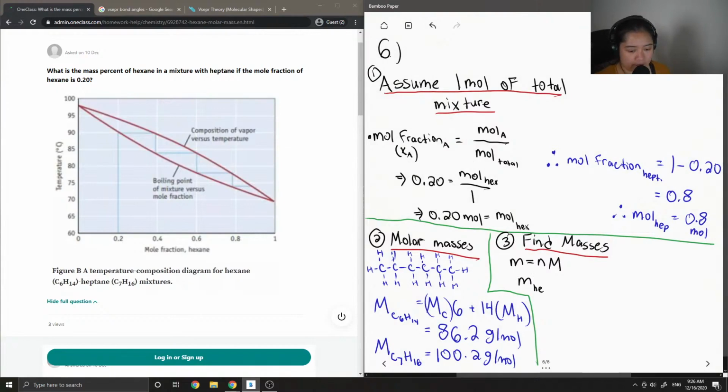So the mass of hexane would be 0.2 moles times 86.2 grams per mole, which gives us around 17.2 grams.